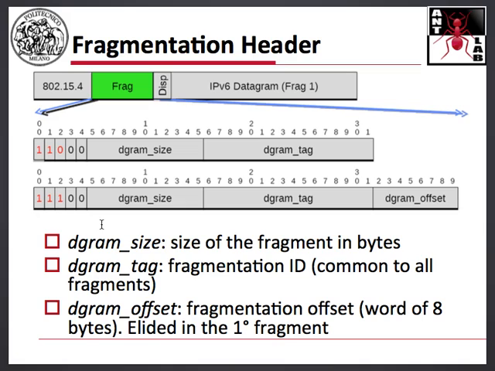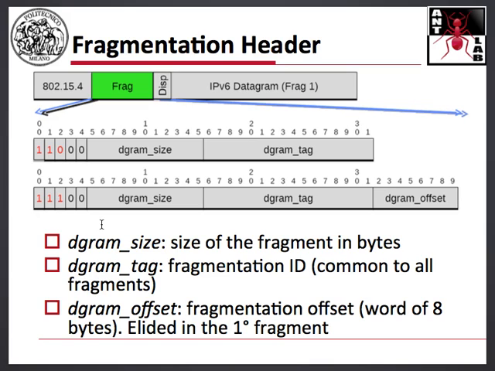In the fragmentation header, you have this field called the datagram size, which tells you the size in bytes. You have this datagram tag, which contains the information on which original IP packet originated that specific fragment.